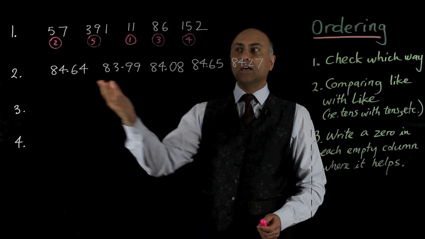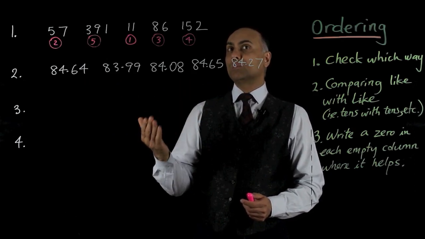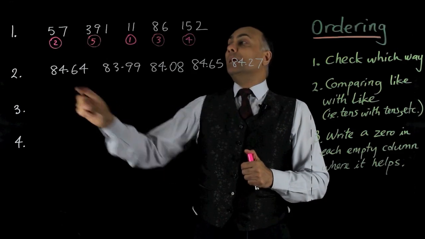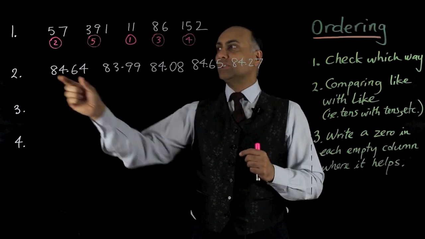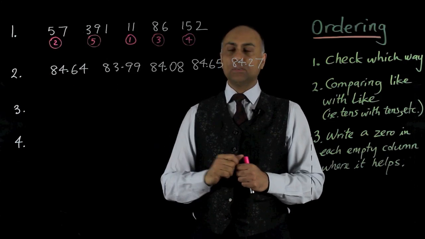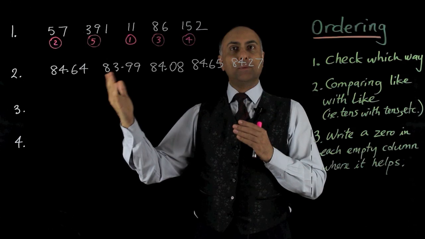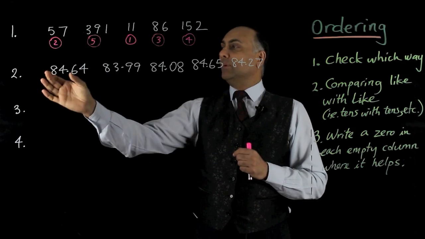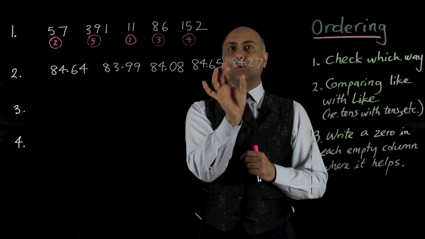So here we have an example of 5 decimal numbers which we have to order from small to large. Since these are mixed numbers, which means that they're a combination of a whole number and a fraction, then we would begin by comparing the whole number part. We have 84, 83, 84, 84, 84.